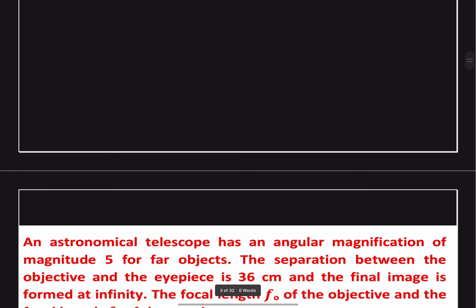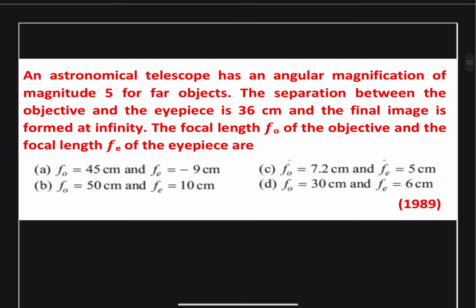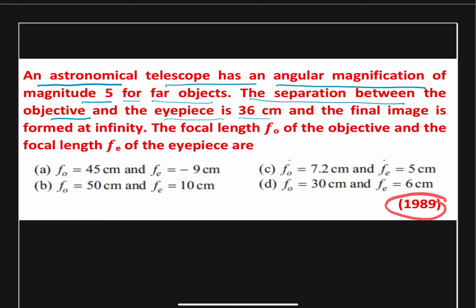In the second question, which was asked in the year 1989, it states that an astronomical telescope has an angular magnification of magnitude 5 for far objects. The separation between the objective and the eyepiece is 36 centimeter, and the final image is formed at infinity.